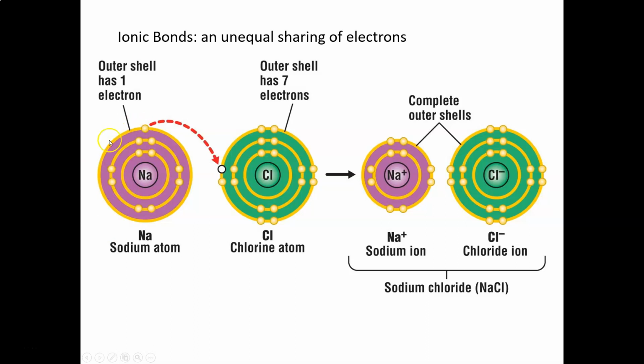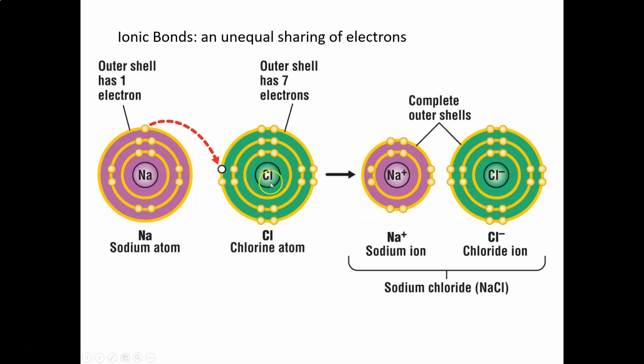So sodium has one extra electron, and that means sodium's pretty reactive. It would like to get rid of it. Teleological statement, going back from the first lecture. It would like to get rid of it so it would become more stable.